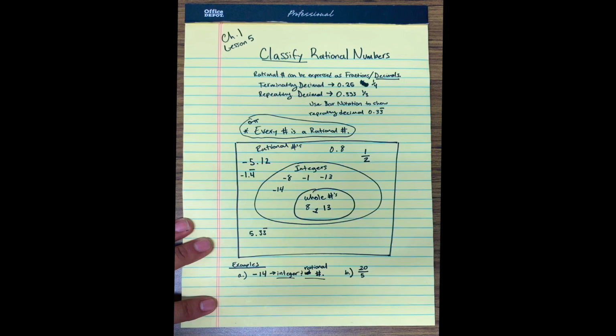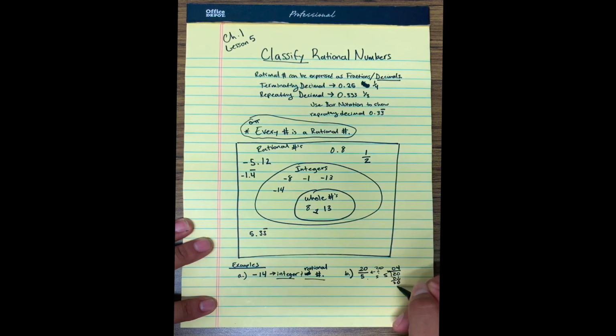Pause the video right here and try to classify this one. That's 20/5. I know, immediately looking at it, you want to say it's a rational number, and guess what? Every number is a rational number. But this one's tricky because it's an improper fraction. So anytime you have an improper fraction, what I want you to do is simplify it, divide it. Because it might give you a number that's not a decimal.